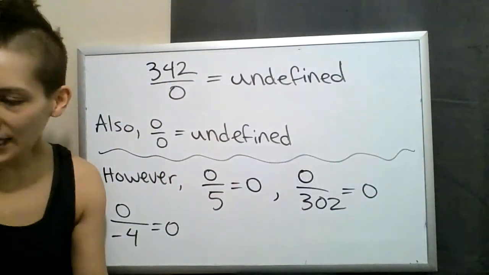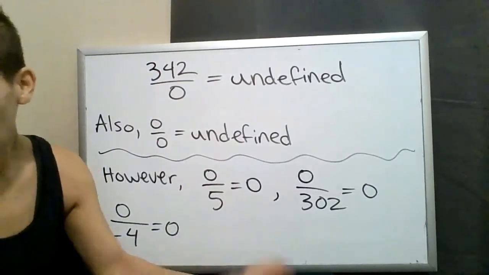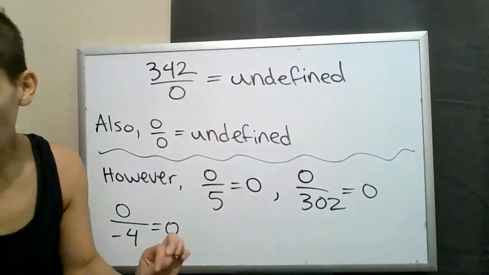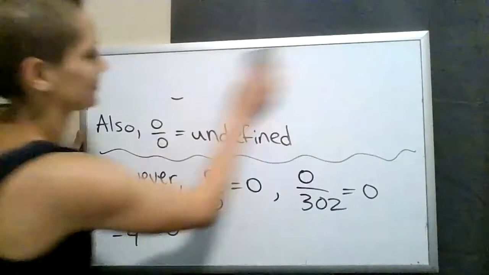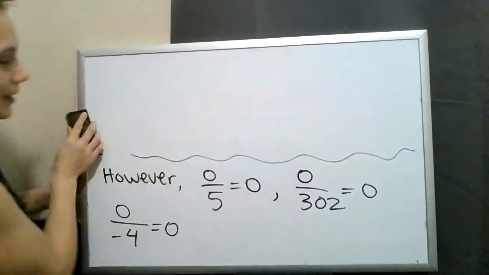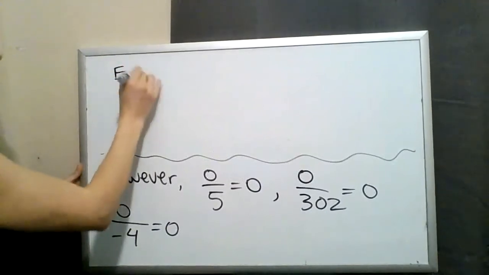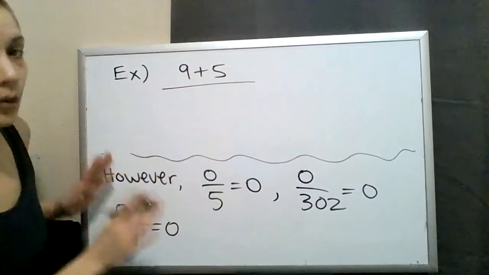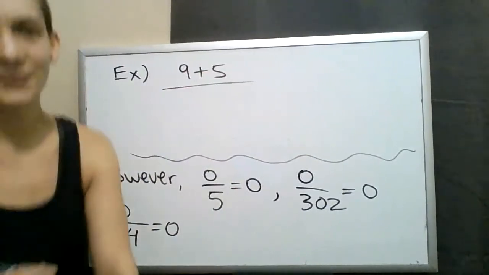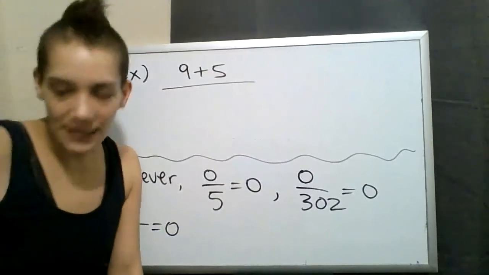Okay, and let's try something that is related to this, where we take 9 plus 5 over 3 times 2 minus 6.